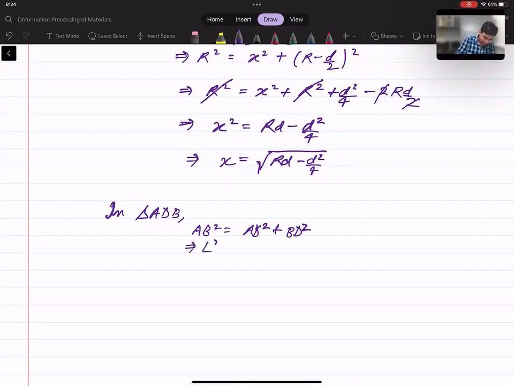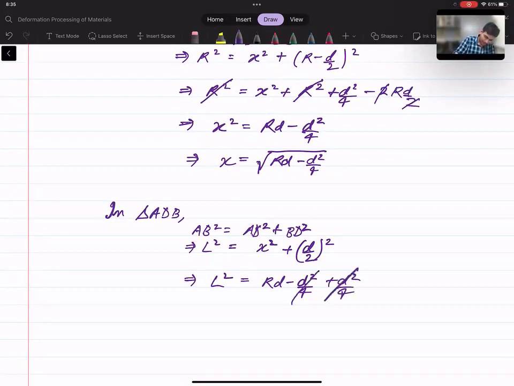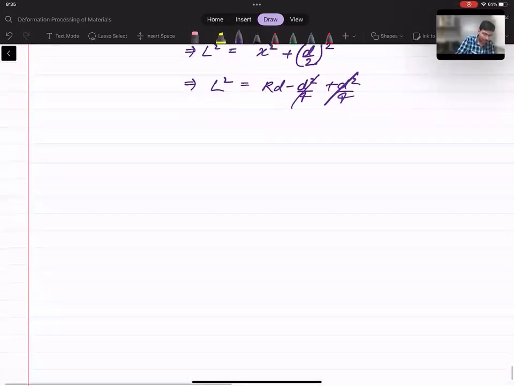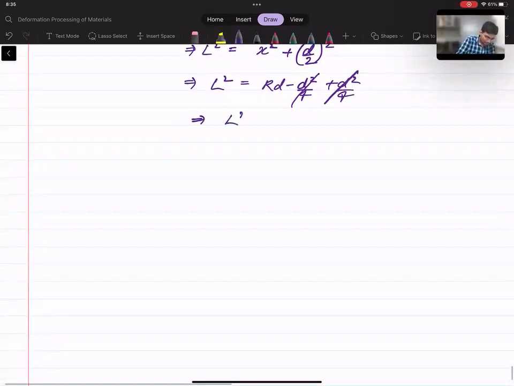AB we have to find, this is L square, and AD square is X square, and BD is D by 2 square. If we put the values back, this L square is X square, which is RD minus D square by 4, plus D square by 4. These two terms get cancelled out. So ultimately this L square becomes RD.